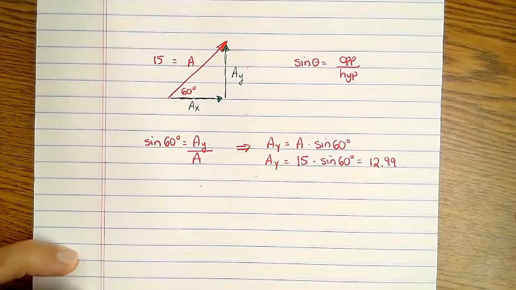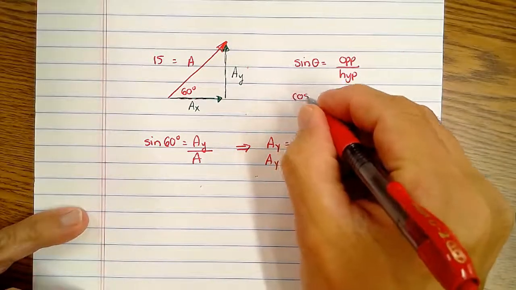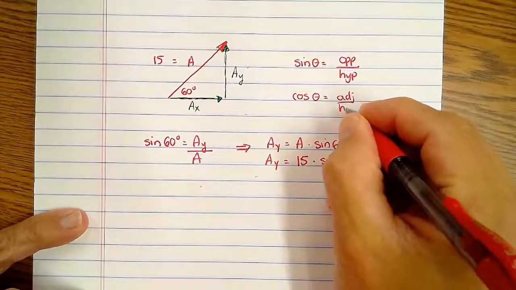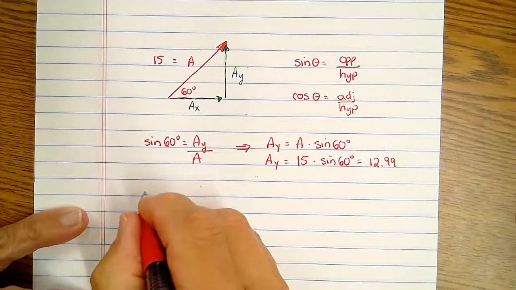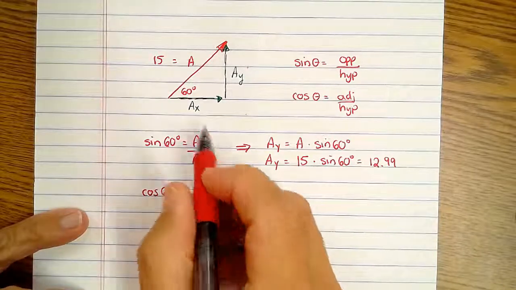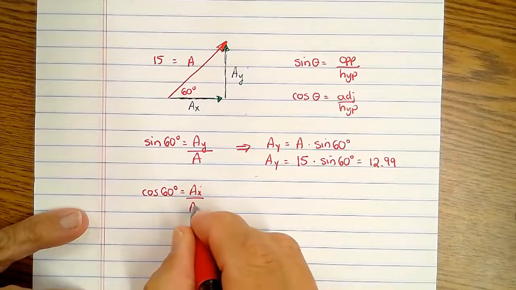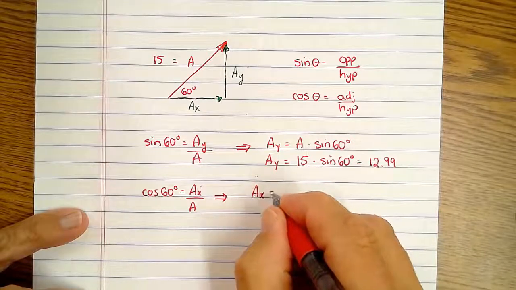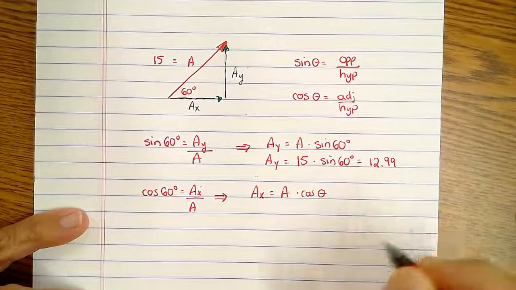The other trig function that interests us is cosine. So the cosine of an angle is always equal to the adjacent side divided by the hypotenuse. And so for this, that means that the cosine of the angle, the cosine of 60 degrees, equals the adjacent side, which is A sub x, divided by the hypotenuse, which is A. So if you want to find A sub x, you can simply take A times the cosine of the angle.